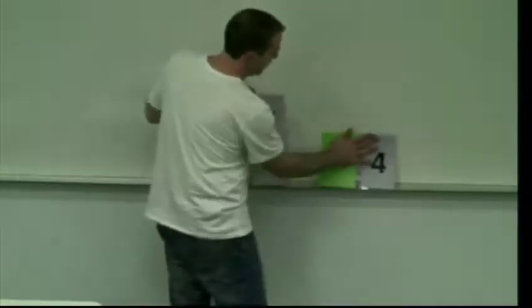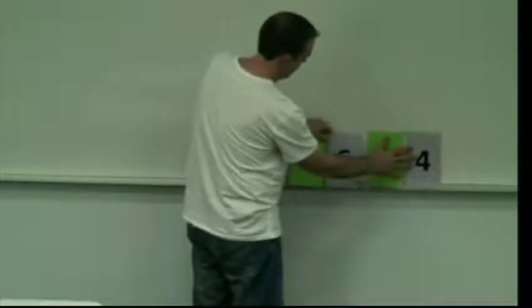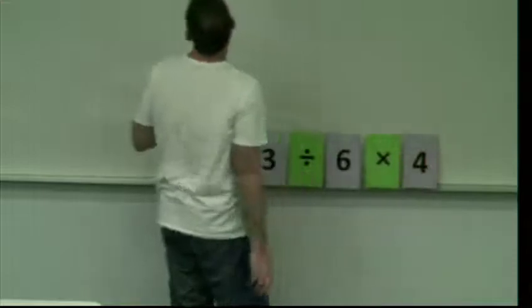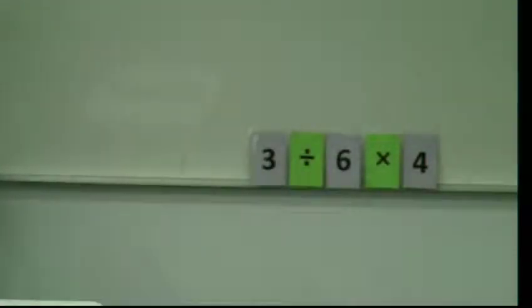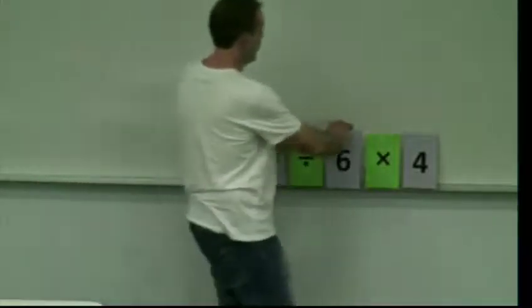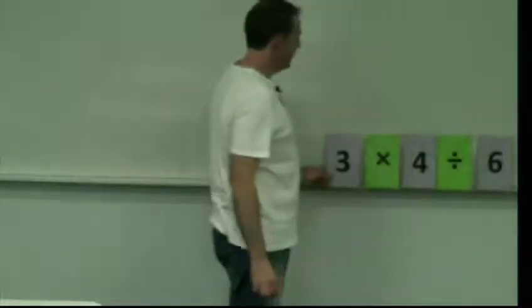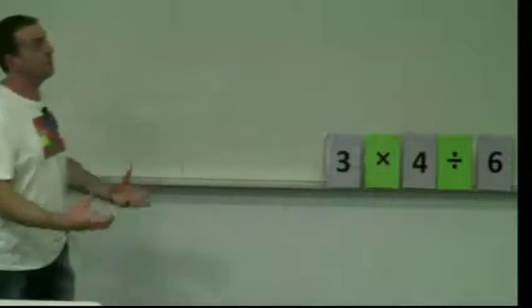So I can move all this over. See? I can move all that over and that will work just as well. 3 divided by 6 is a half. Half times 4 would be 2, and that would come to the same answer as it did before, whereas before it was 3 times 4, which is 12, and then divided by 6, which is 2, comes to the same answer.